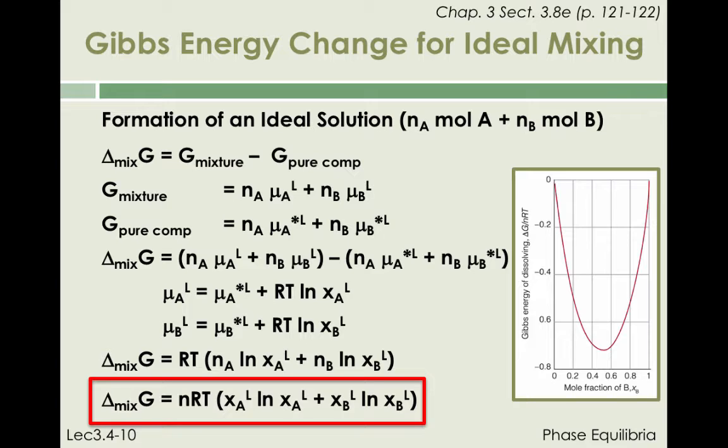We can also observe that this curve is symmetrical with respect to XA liquid equals XB liquid equals 0.5, where the Gibbs mixing energy change is minimum. We will see on next slide that this condition is associated with the largest increase in entropy upon mixing.